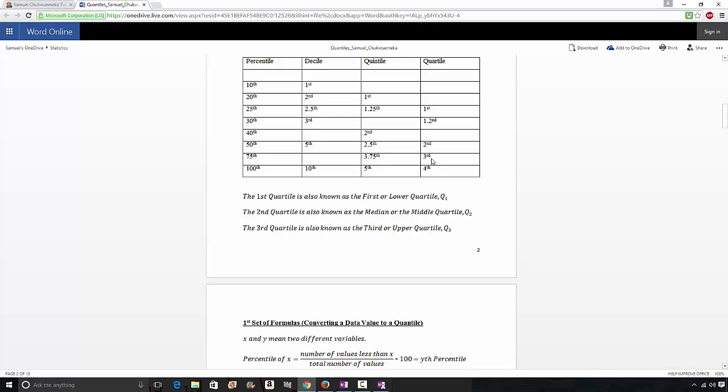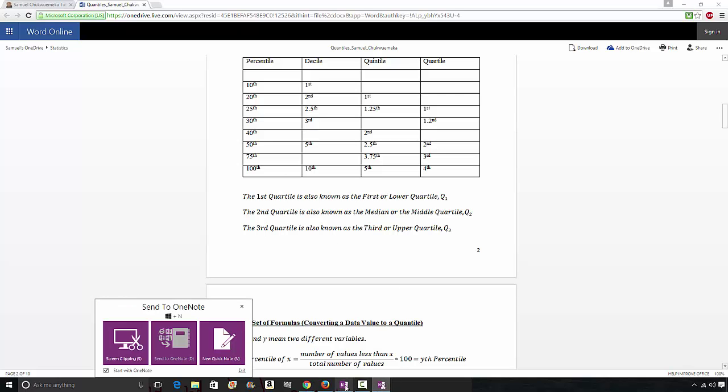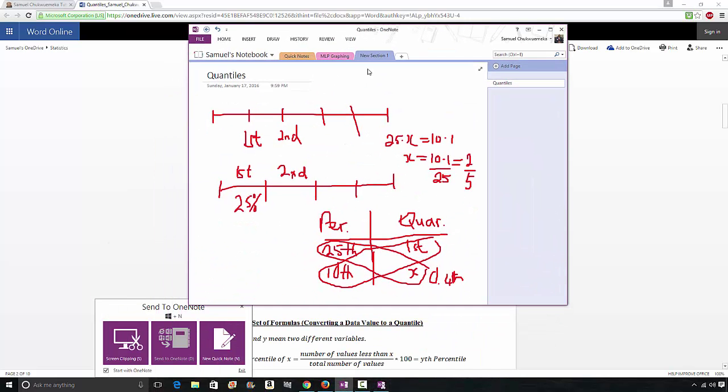The third quartile, Q3, is the upper quartile, the 75th percentile. If you convert with this proportional reasoning, you will get it right.